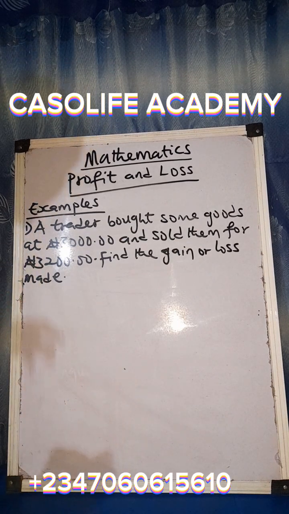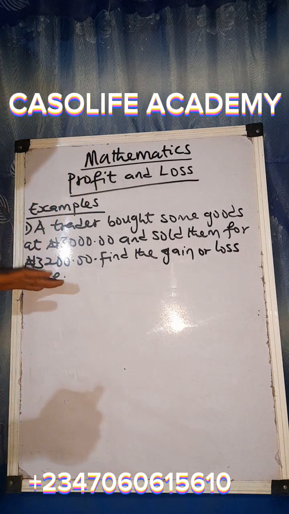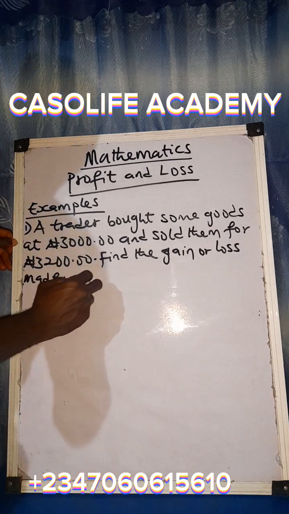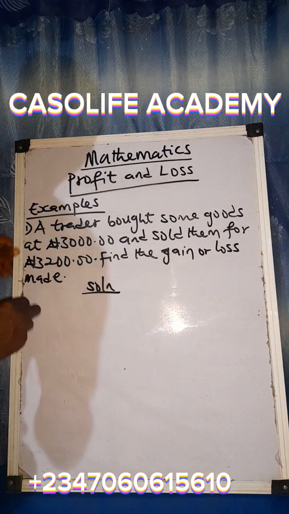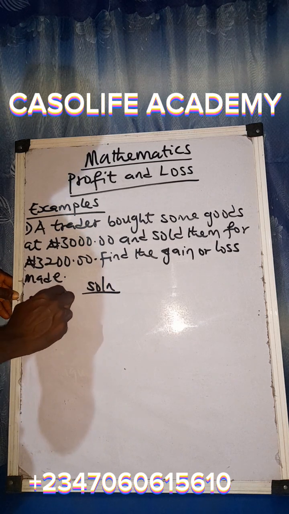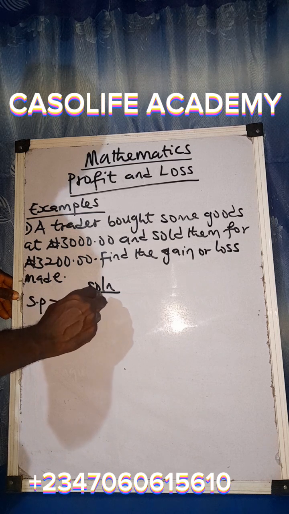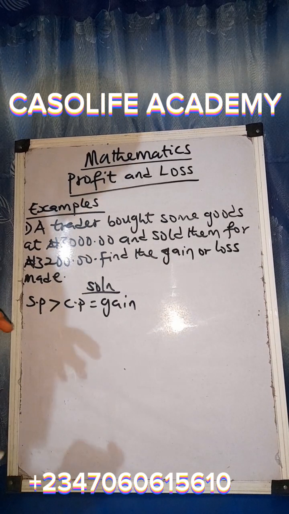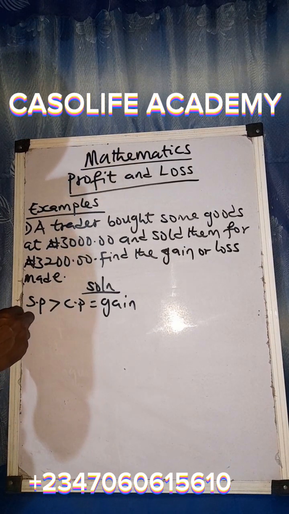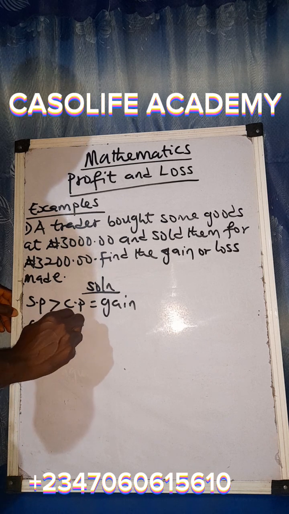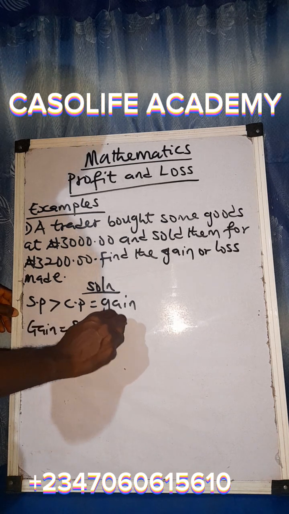And sold them for 3,200 naira. So the selling price is 3,200 naira, and we can see that the selling price is greater than the cost price. So automatically, we are having what is called gain. There is no loss here. We know that gain will be equal to selling price minus cost price.